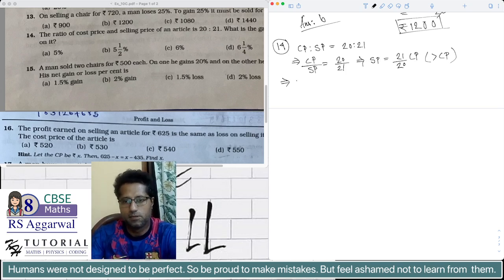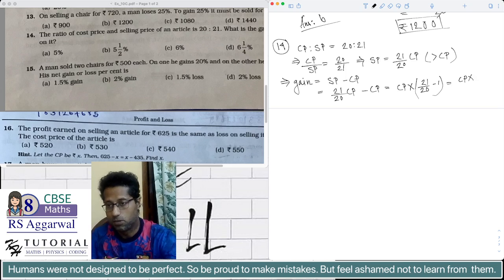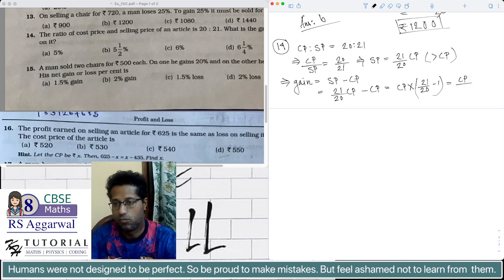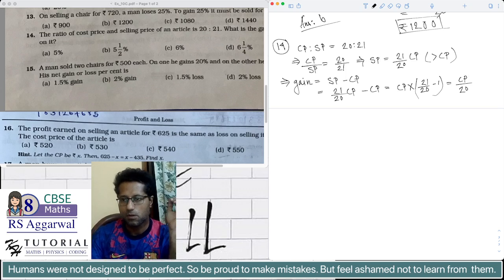So this implies gain is equal to SP minus CP, and SP we know is 21 by 20 CP. So this becomes equal to CP multiplied by 21 by 20 minus 1, which is equal to CP by 20. So the gain is CP by 20.